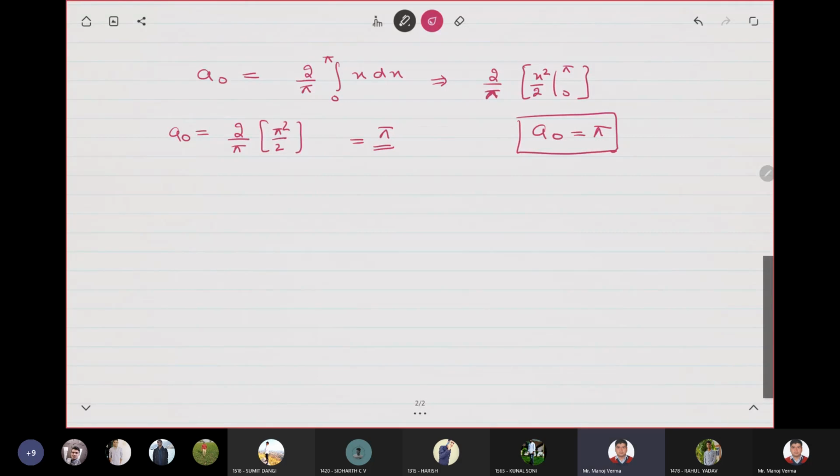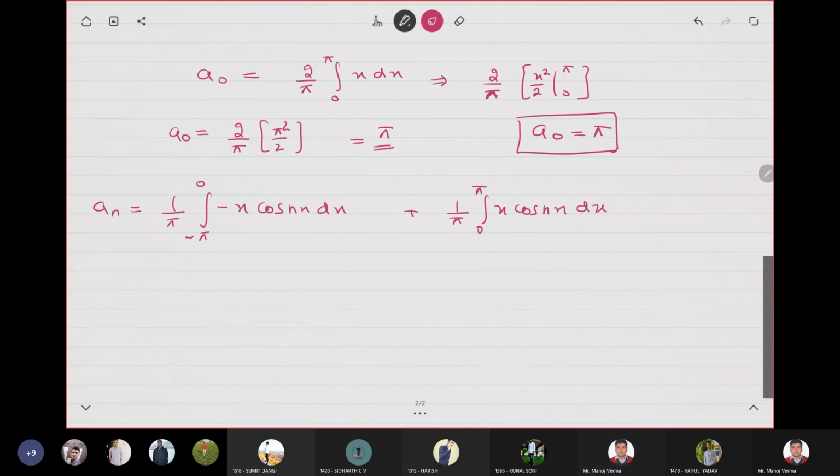Similarly, I will also calculate the value of an, and an is equal to 1 over pi from minus pi to 0 of minus x cos nx dx, plus 1 over pi from 0 to pi of x cos nx dx.